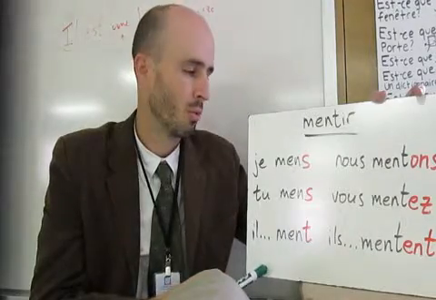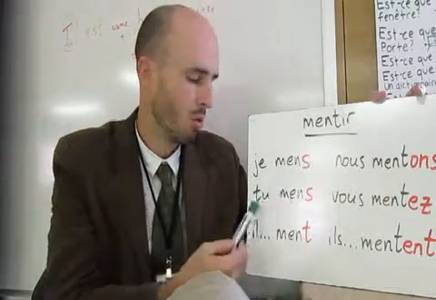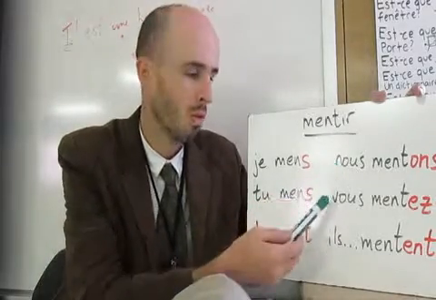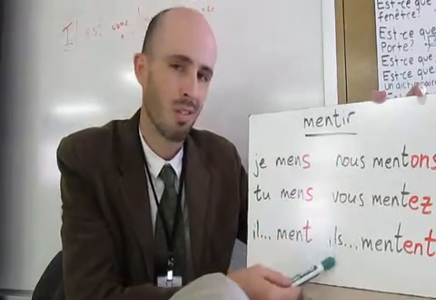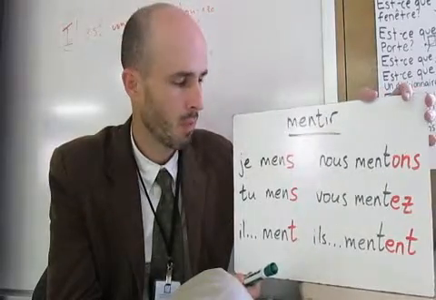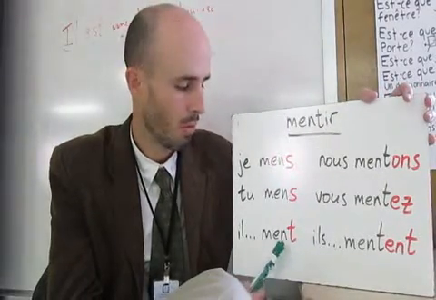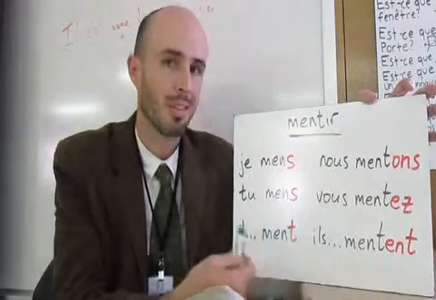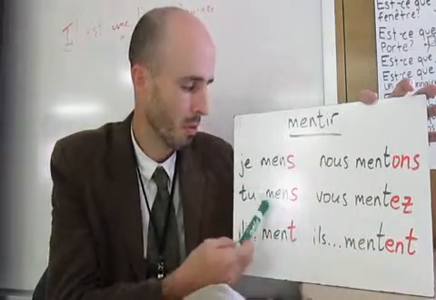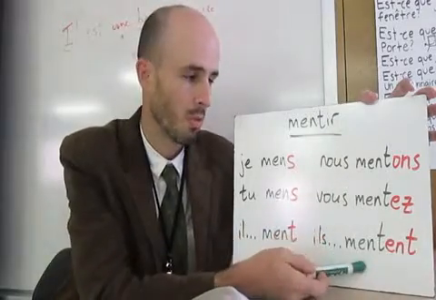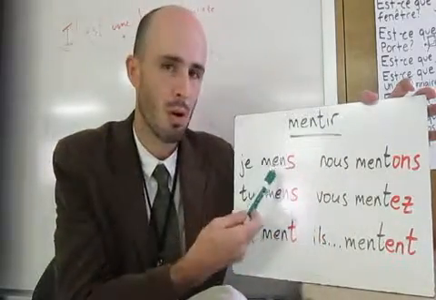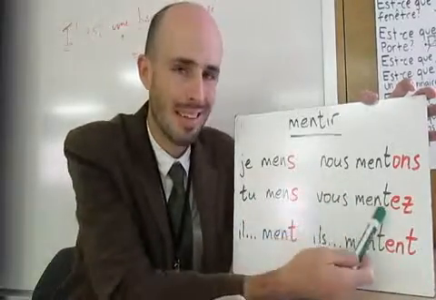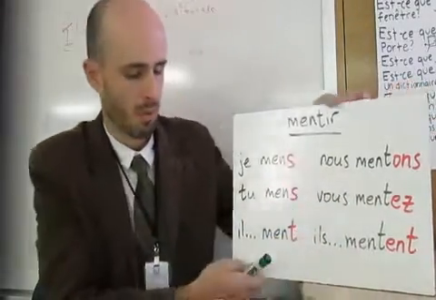You have je mens, tu mens, il ment, nous mentons, vous mentez, ils mentent. If you want to call it this, you could call it a stem-changing verb. You have a singular stem and a plural stem.